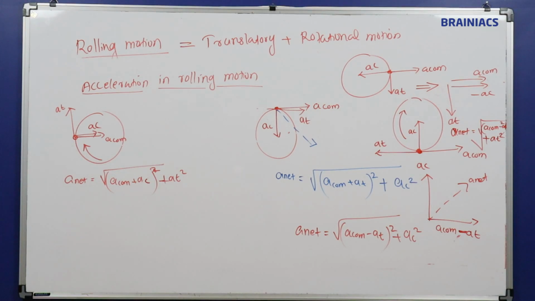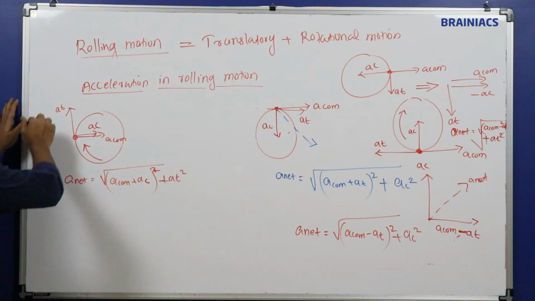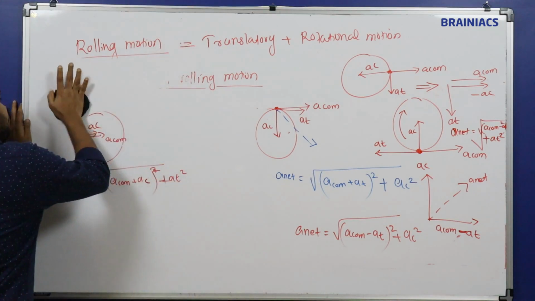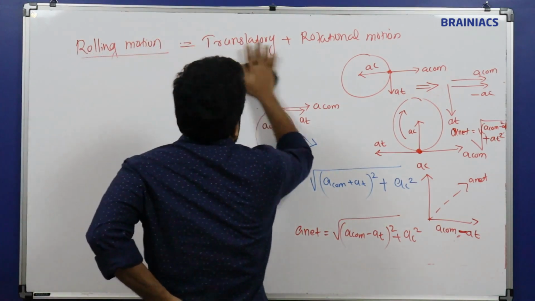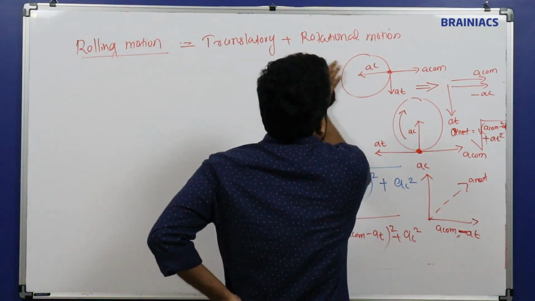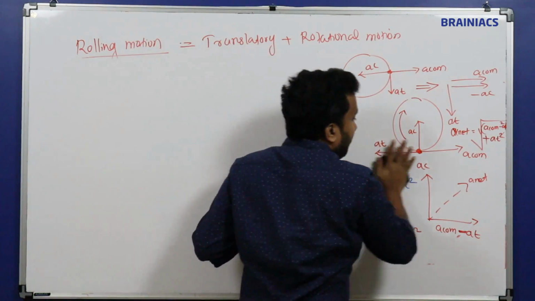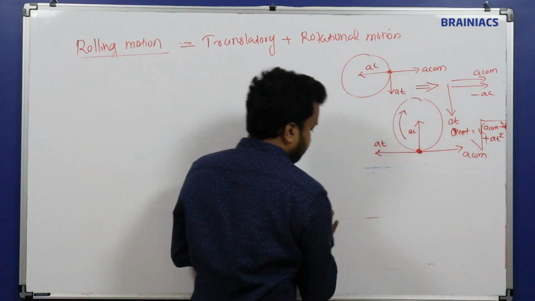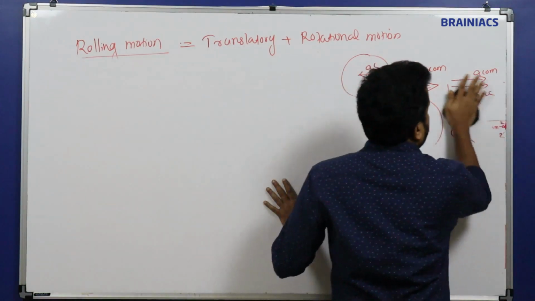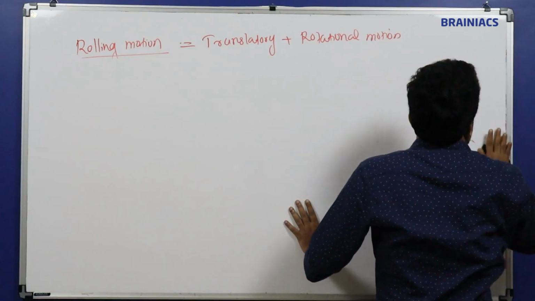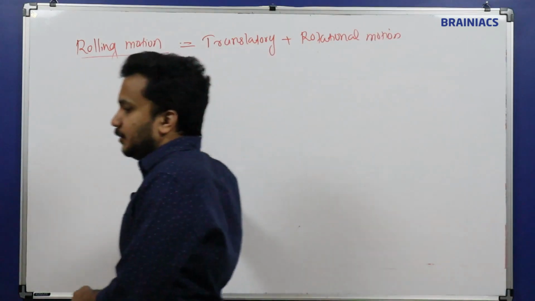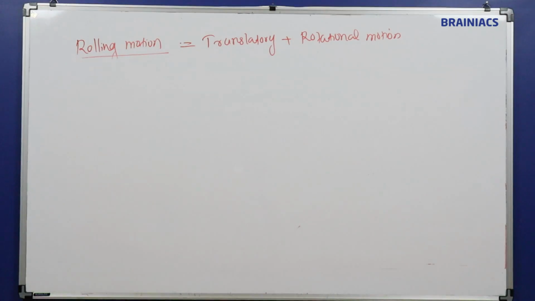Next heading, I need some space. Okay, next we are going to see kinetic energy and momentum of rolling motion. Let's start with momentum: angular momentum and linear momentum will be there, but we'll start with the kinetic energy of rolling motion.